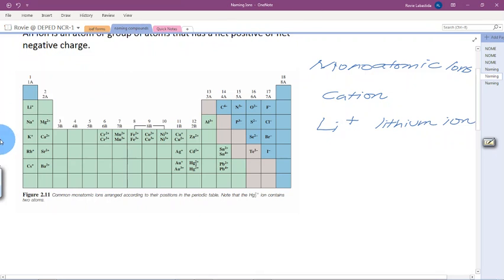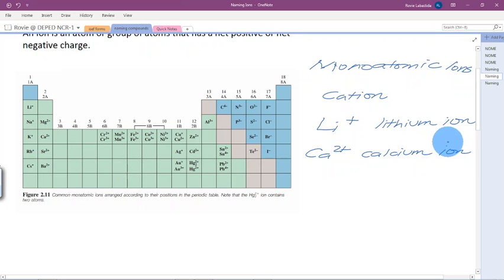Now, how about another example? Let's have Ca2+. How do we name this? First, name the metal, which is calcium, and then add the word ion.